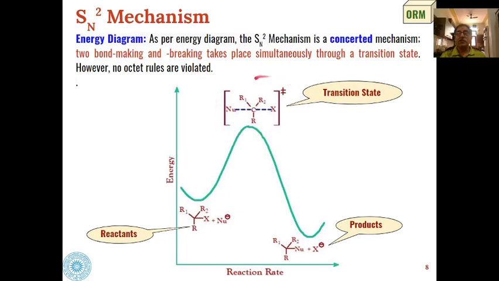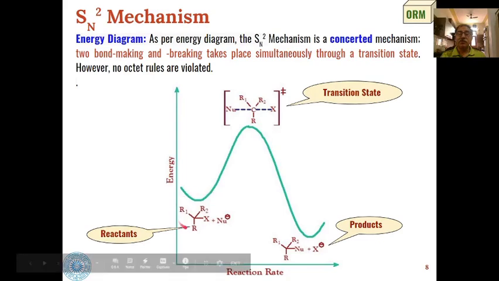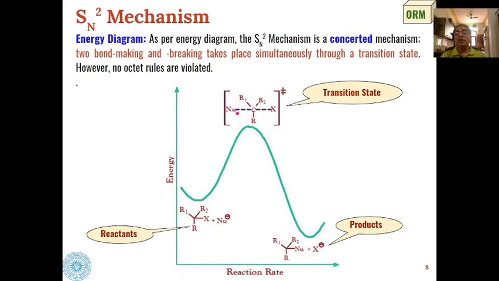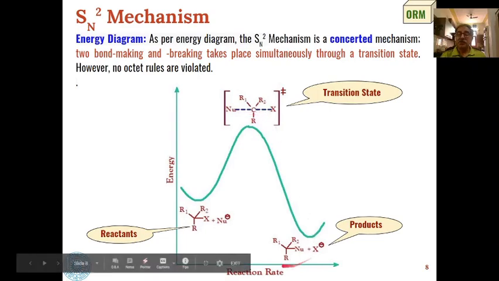At this transition state the energy of the system is highest, and this much energy of activation is required for conversion of the reactants into the products. After reaching this activation energy, the bond breaking and bond making take place to give us products where the leaving group is substituted by the nucleophile.